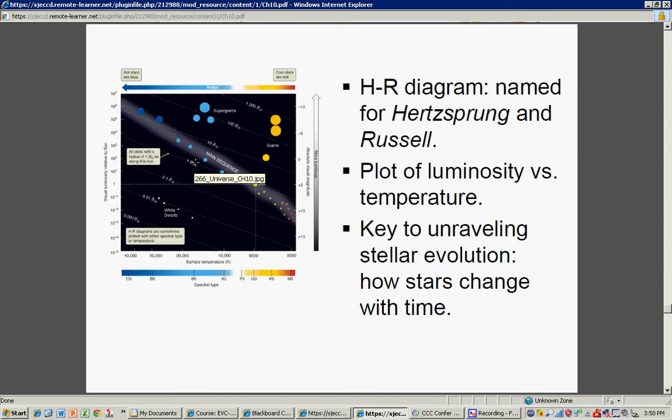So when you plot stars for which you know their intrinsic luminosity, their energy production, and how hot they are at the surface level, you realize that 90% of the stars or more in our galaxy happen to be what's called main sequence stars. And of the remaining 10%, some of them are giants, some of them are supergiants, some of them are white dwarfs.